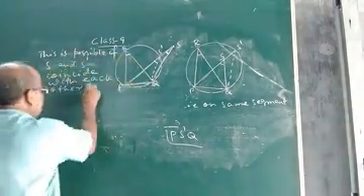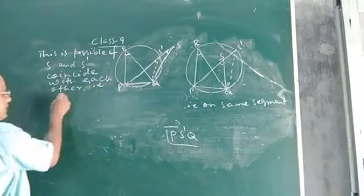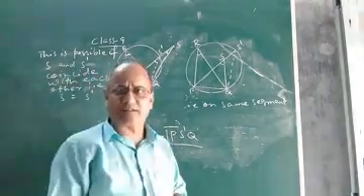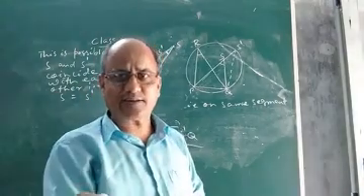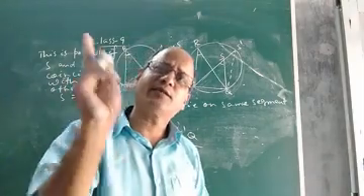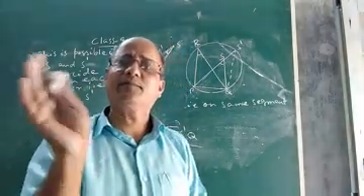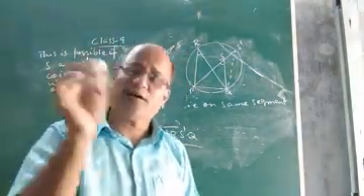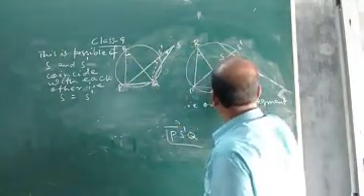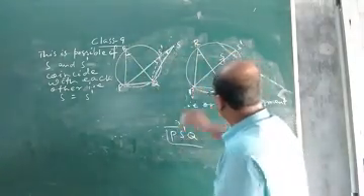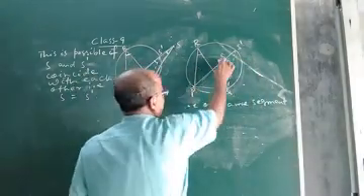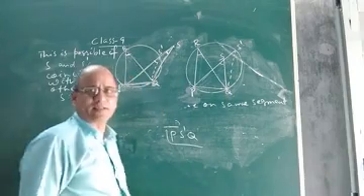That means S equals S'. Points S and S' coincide with each other, meaning they become one point. If they become the same point, then only it is possible that angle PSQ will be equal to angle PS'Q.